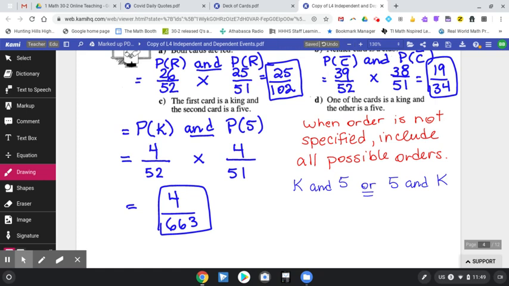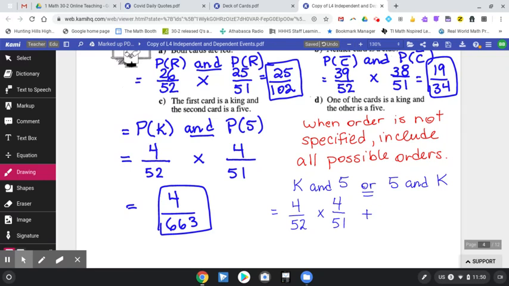So I'm looking at drawing a king on my first draw. There are 4 kings out of 52 cards. And means multiply. Now I want to see, can I draw a 5? And I've already drawn a king. So now I only have 51 cards to pick from, and 4 of those would be the 5. Now or means add. And so right here we are at a whole new draw.